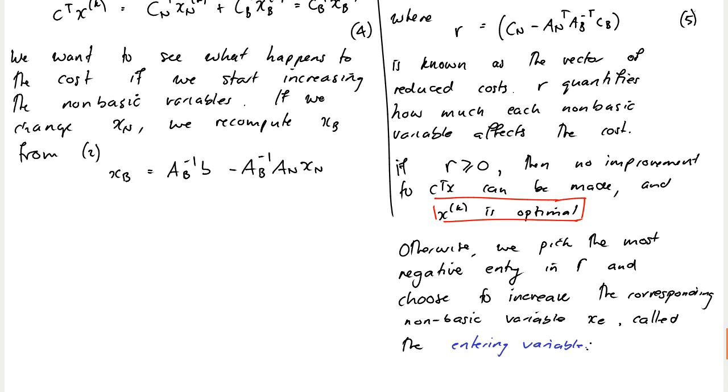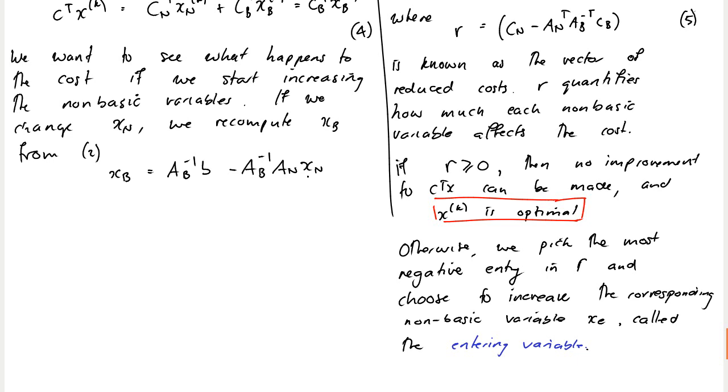Okay, but we're not really quite done yet, because we're increasing xe. If we're going to put a new variable into our basis b, then we're also going to have to take one out. And how do we choose which one to take out? Well, if we look at this equation here on the left, if we're increasing our xe, then these xb's are going to change.